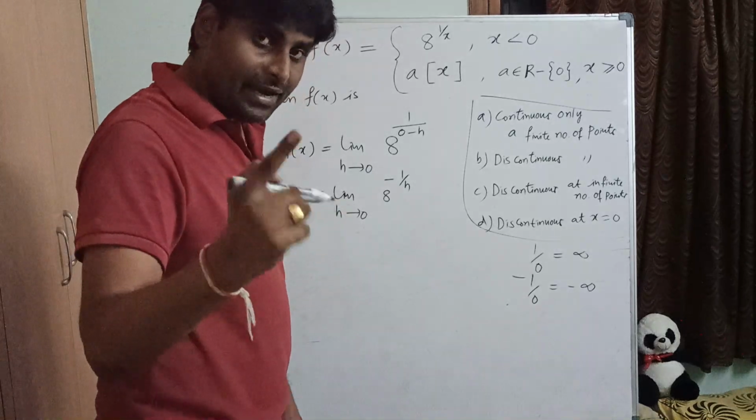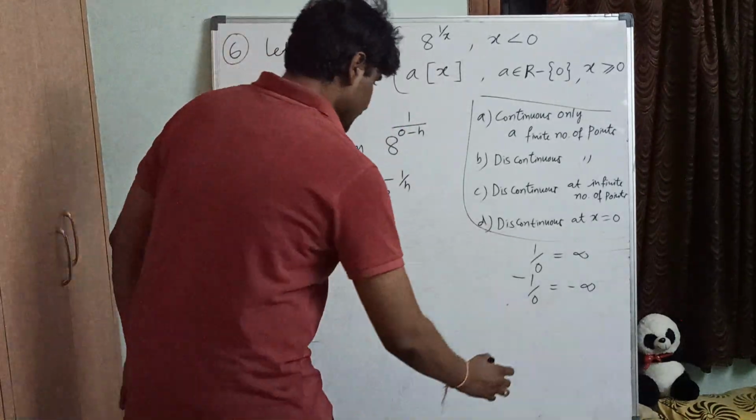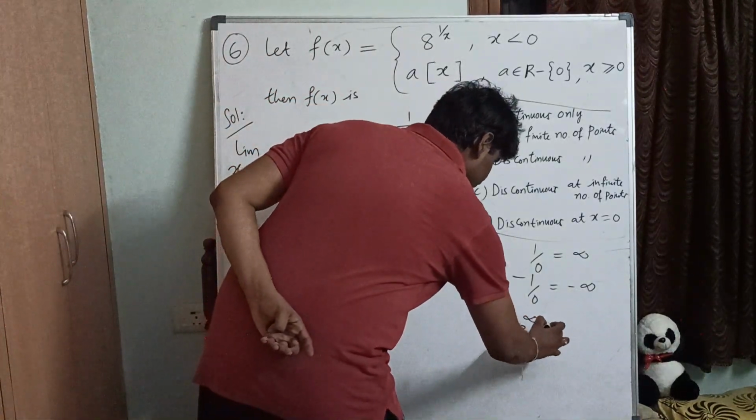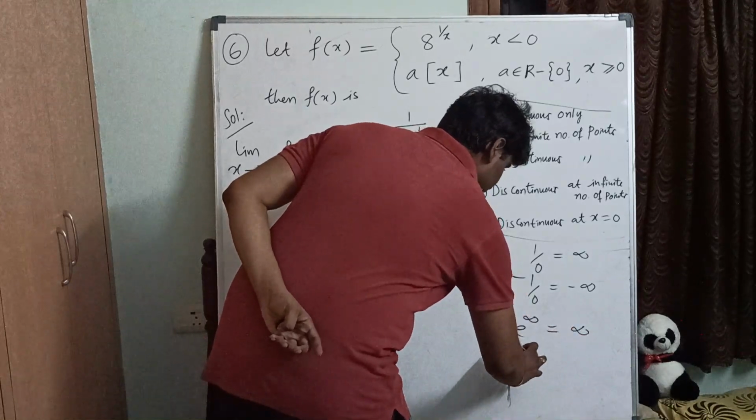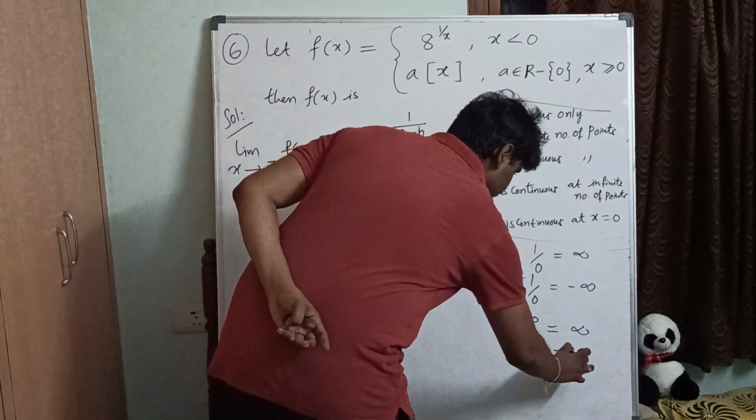And something power minus infinity is 0. So e power infinity is infinity, e power minus infinity is 0.